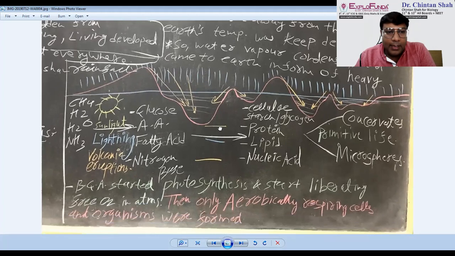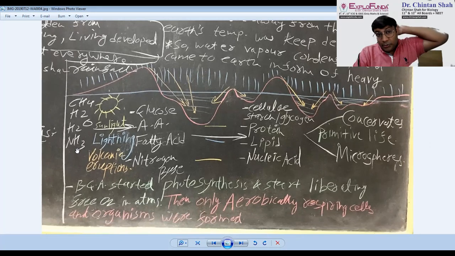Then what happened? See, methane, hydrogen, water, and ammonia were present in the presence of energy sources. Energy sources are sunlight, lightning, and volcanic eruptions. Because these energy sources were present, anabolic processes could happen.